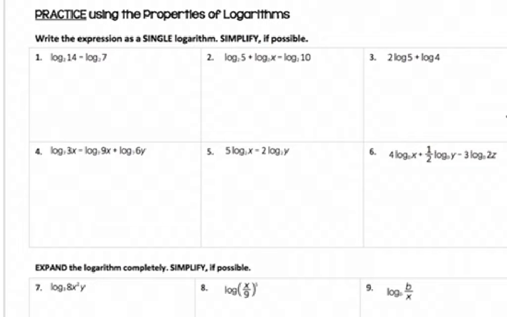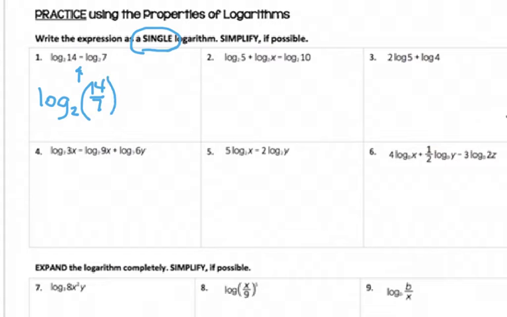First of all, when it says write the expression as a single logarithm, right now it's in 2 terms. Simplify if possible. So one of the things we said, if you have subtraction, remember that's like division. So this can be rewritten, since they're both in the same base, as 14 over 7.